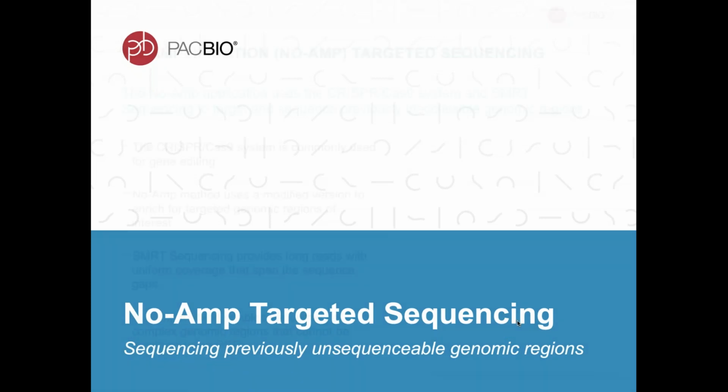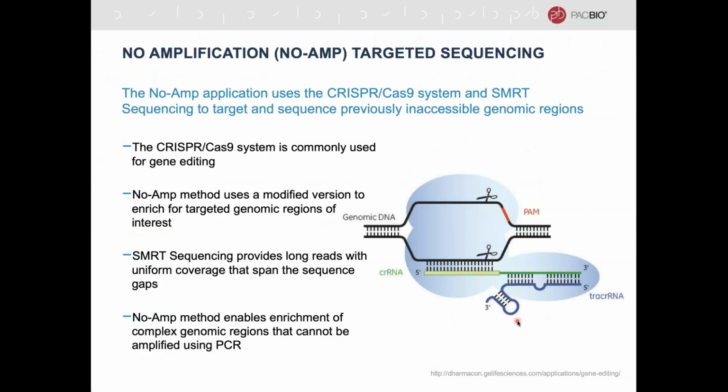All right, so let's switch gears and talk about the NoAmp targeted sequencing method. As the name indicates, this method is completely amplification free. We can achieve this by using the CRISPR-Cas9 system that most of you are familiar with as a gene editing tool. But we have re-engineered the tool, so instead of putting a sequence into the genome, we actually pull out the region of interest.